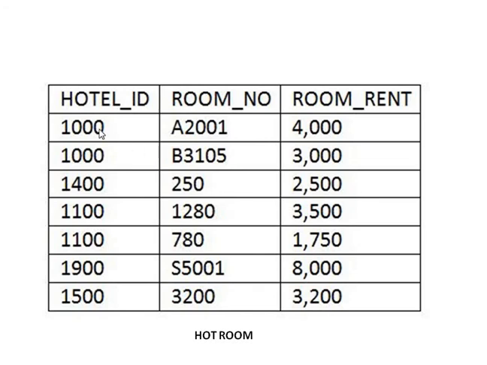In this case, hotel ID can have duplicate values, but room number is the primary key, and both are key attributes. For room number there is no duplicate value, and it holds uniqueness and is also a normalized table without redundancy.